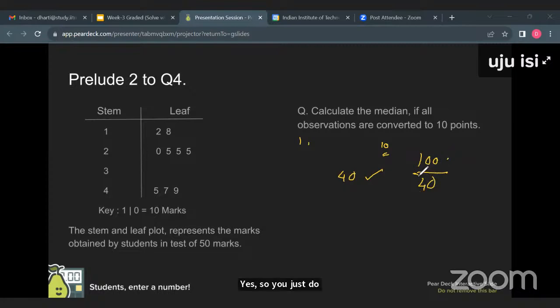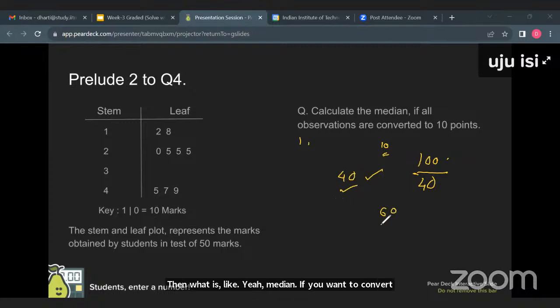Ma'am, if the median in marks of 100 is 60, then what is the median if you want to convert this observation to 40 points?